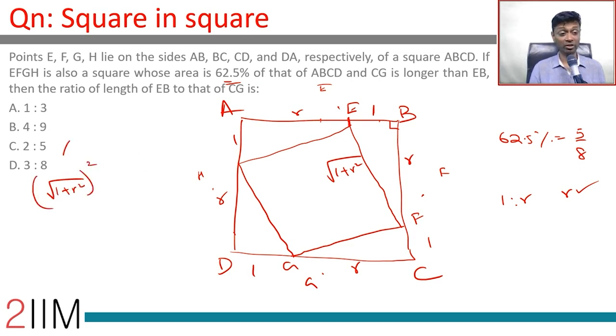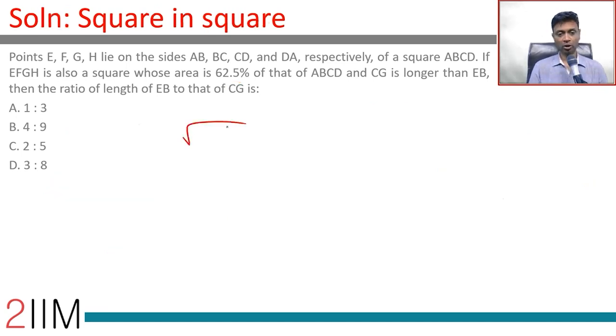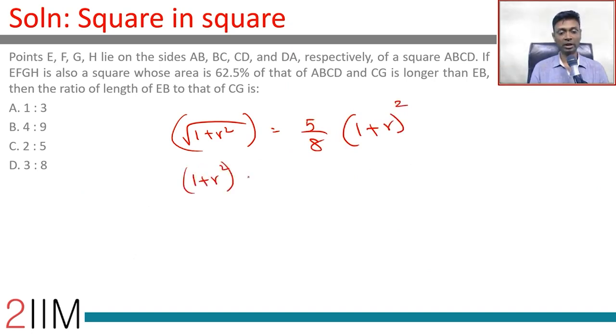Area of square ABCD is 1 plus R the whole square. We are through. So we know that 1 plus R square is 5 by 8 times 1 plus R the whole square. 1 plus R square into 8 is 5 times 1 plus R square plus 2R.